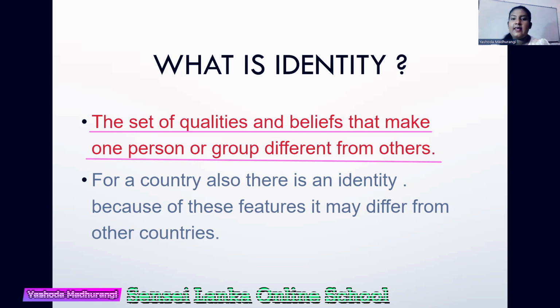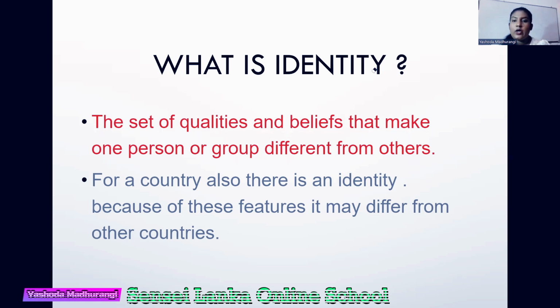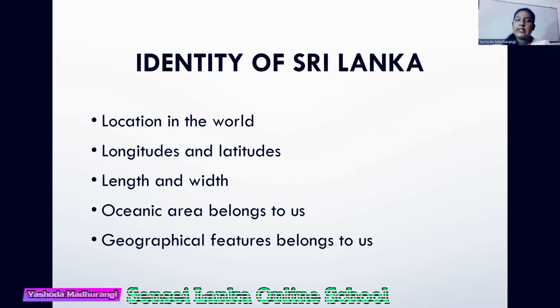Religious places are there. Like that, always, all the countries build up their identity. So in this lesson, unit number 2, we are going to learn the identity of our country. What are the special things of Sri Lanka?